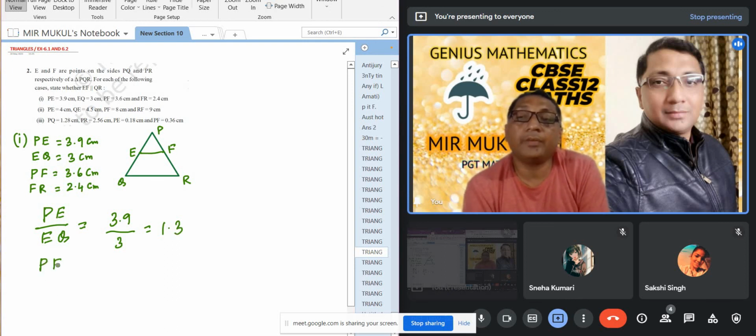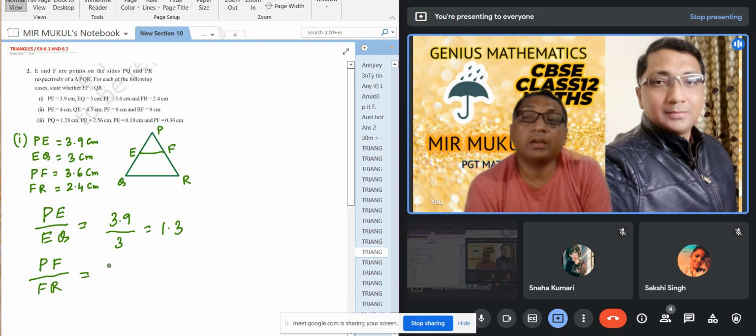Now PF upon FR. Here we get 3.6 upon 2.4. So 36 divided by 24.